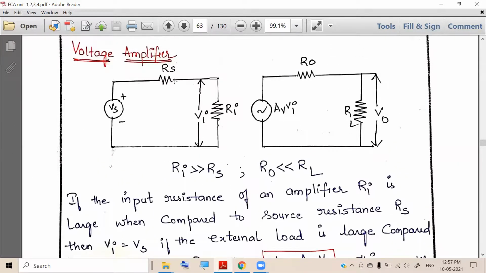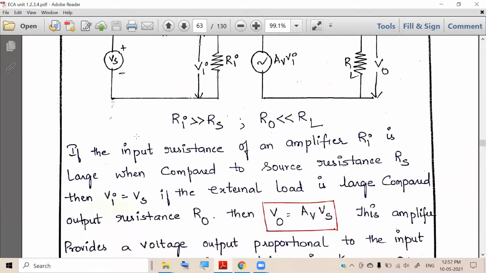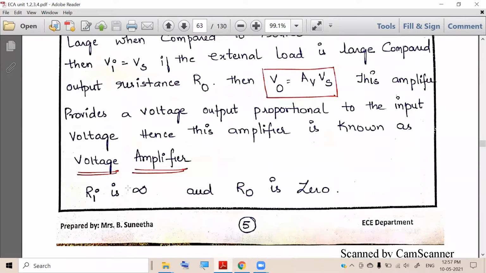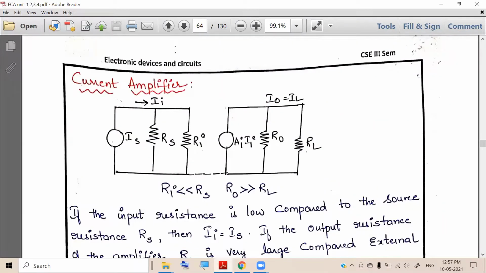So VS and RS we can represent in terms of a current source in parallel with a resistor.